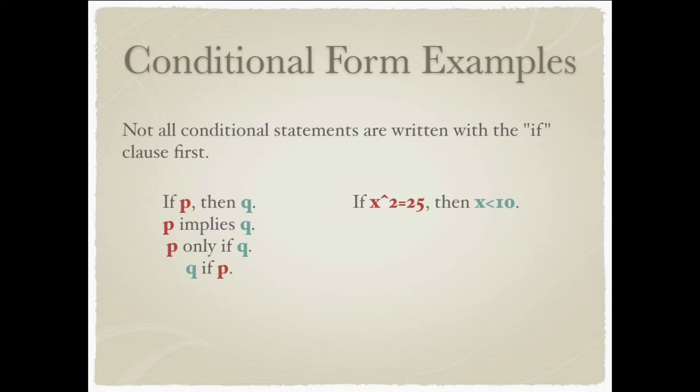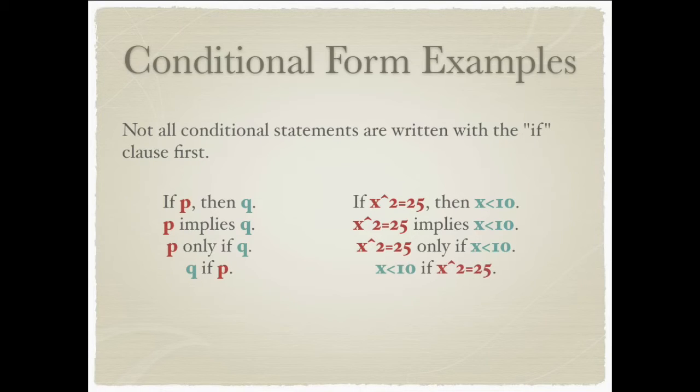For example, x squared is equal to 25, x can be negative 5 or positive 5. X squared equals 25 implies that x is less than 10. X squared equals 25 only if x is less than 10. And x is less than 10 if x squared is equal to 25. All of these are examples of conditional form.